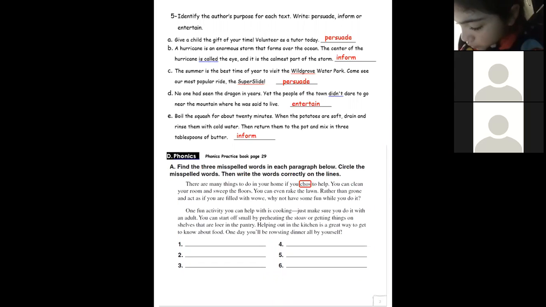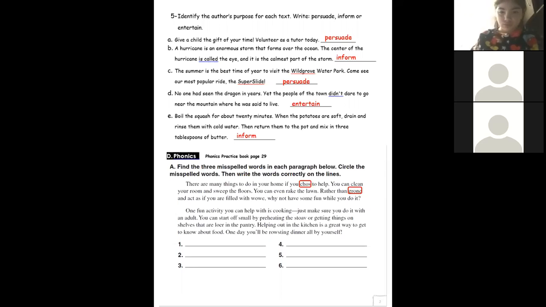Which word? Sweep? No, not sweep. It's this one. You can even rake the lawn rather than groan and act as if you are filled with woe.